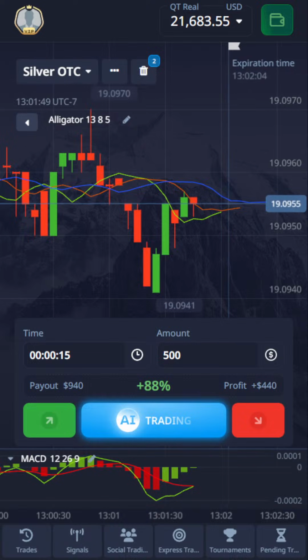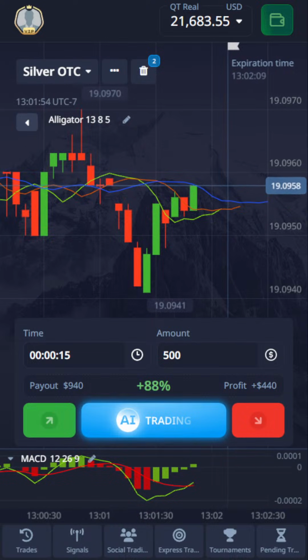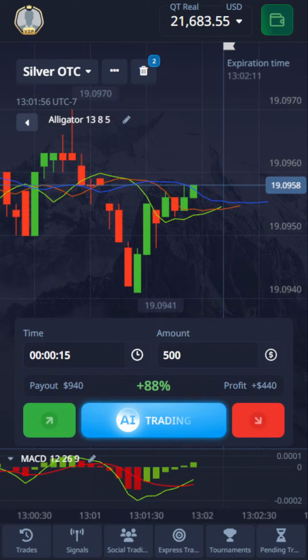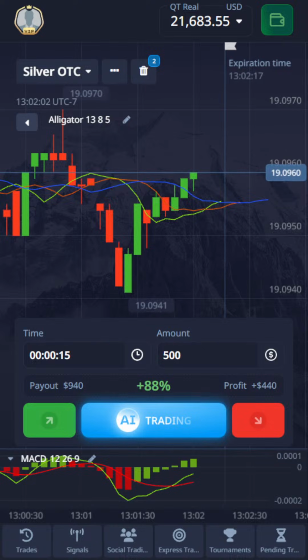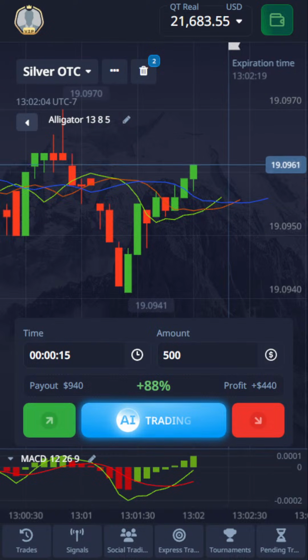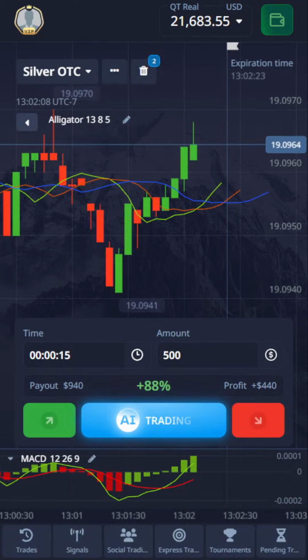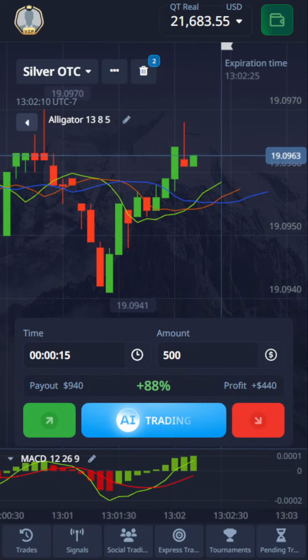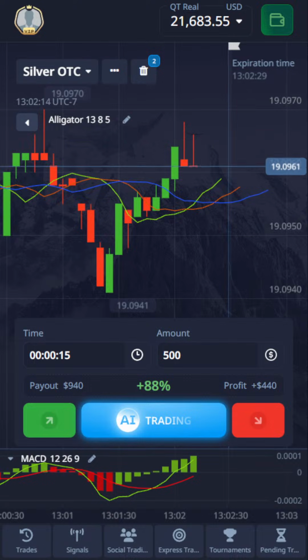Like I said earlier, we are looking at smaller time frames: 5 seconds, 15, 1 minute, and a maximum of about 2 minutes. So what does that mean? That simply means that it is risky for us. That is number one.